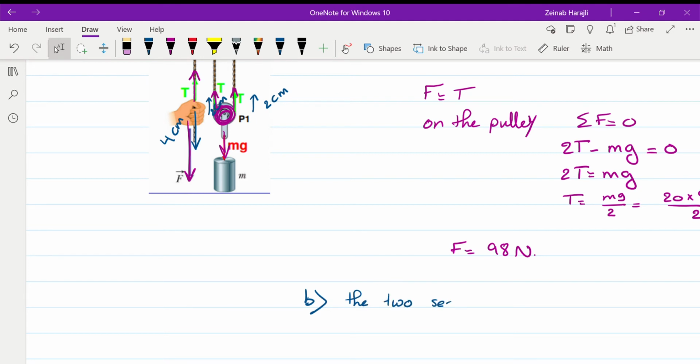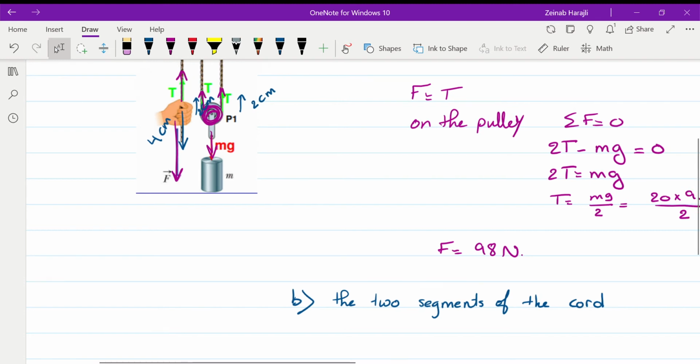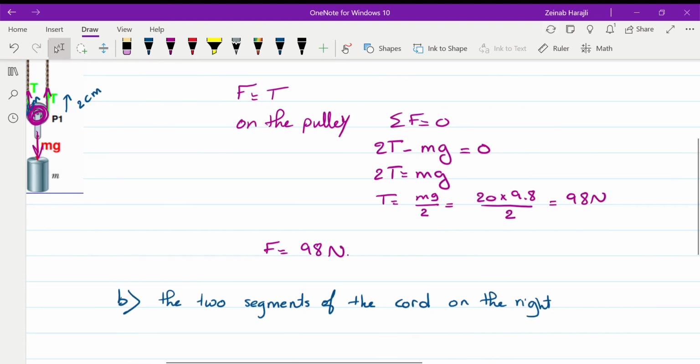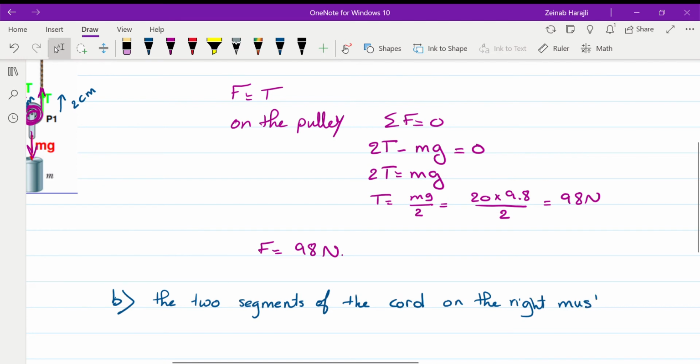So in part B, we know that the two segments of the cord on the right must be shortened by 2 centimeters to lift the weight by this length.